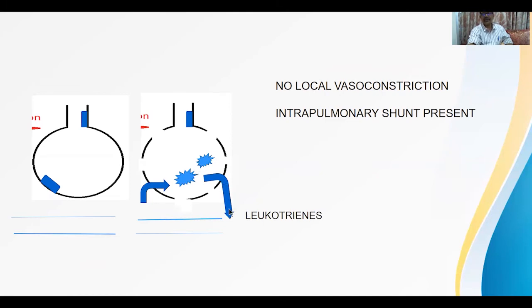These leukotrienes inhibit constriction and allow vasodilation. Actually, because of local hypoxia, this vessel should have been constricted. It does not happen because the leukotrienes are trying to keep it open. Now this is bad news, because blood is coming to the useless alveolus.